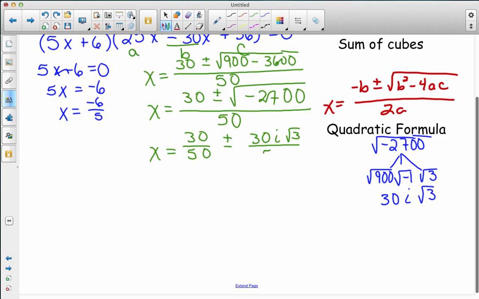over 50. Now, if you watched example 1, you'll remember why I separated it like this. I separated it to make it easier to reduce. So when I look at 30 over 50, I know that reduces to 3 over 5.